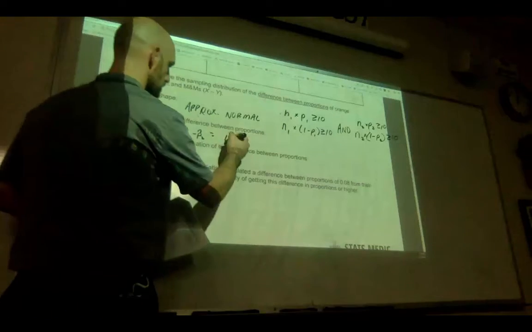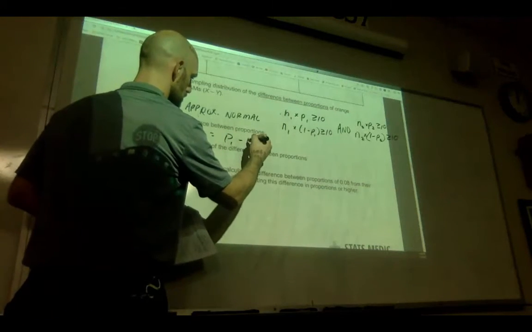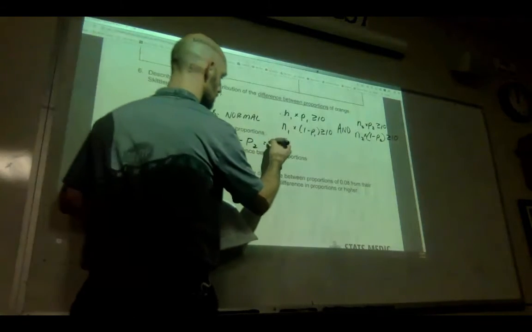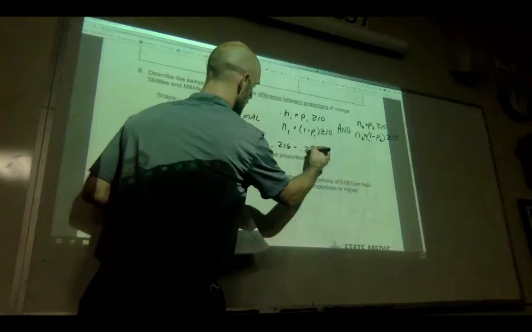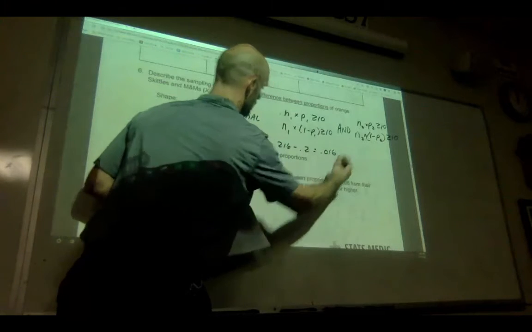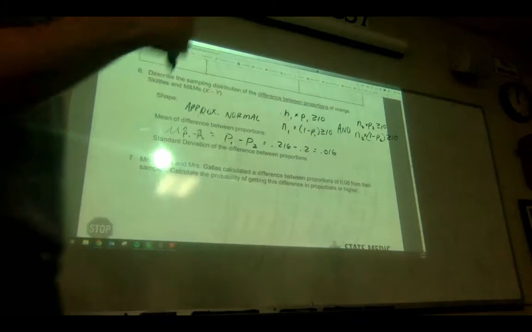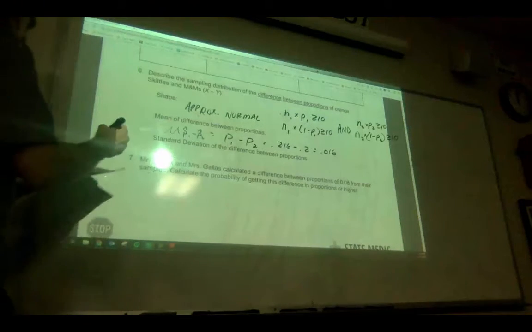The mean of the difference between proportions is equal to the difference. So then the standard deviation, and remember this formula is on your sheet, but I'm going to write it down for you.